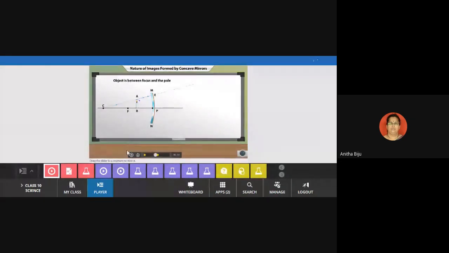Then which ray can we use afterwards? The ray of light passing through the pole P. After reflection, it makes the same angle and moves to the same side. Again, there is no chance of these two reflected rays meeting on the same side of the mirror. Then where do they have to meet? They have to meet at the opposite side of the concave mirror.